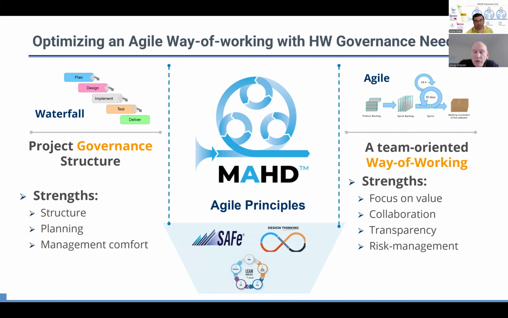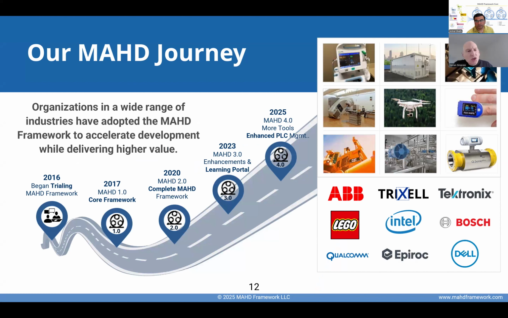And also, we don't want to lose some of the integration and working with other processes and frameworks that teams have in place, and it really has to align with other parts of the organization. So if you have software that's already adopted SAFe, design thinking can add a lot of value to hardware, all the lean processes, we don't want to lose that. So we need something that's going to integrate seamlessly with all those and really brings together a great way of working for teams, as well as a governance approach that works for physical solutions. We started this journey as early as 2016 before really trialing this work, and we introduced the MAHD framework in 2017.